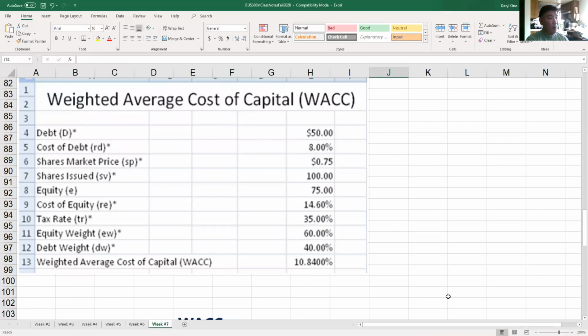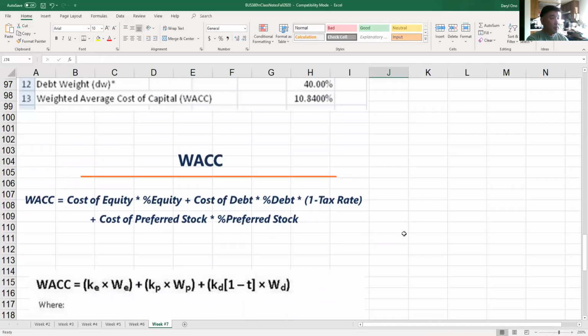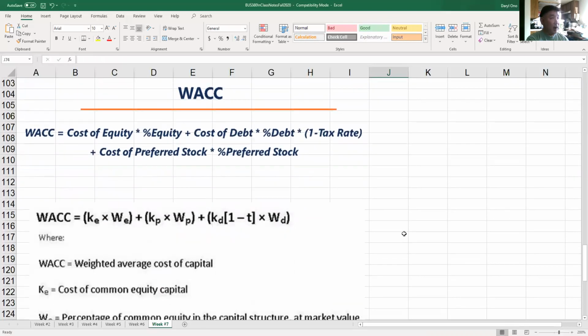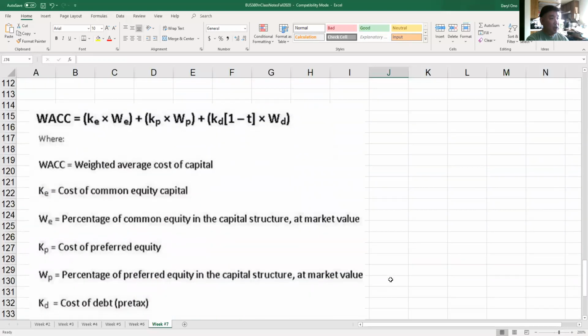Okay, so here's another weighted average cost of capital. And Heidi, this might be the formula you're looking for right here. That's going to be the cost of equity times the weight of equity, plus the cost of preferred stock times the weight of preferred stock.